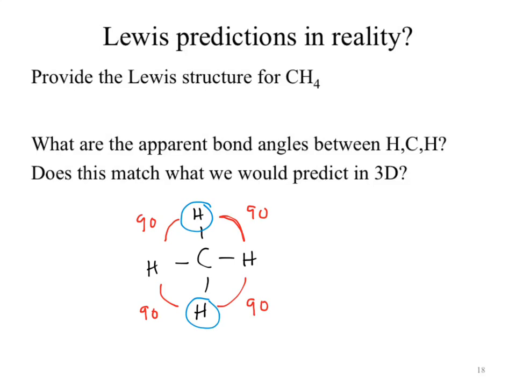Lewis structures do a great job of explaining how atoms connect to each other. They do a horrible job of explaining where those atoms are relative to each other. So what we're saying is a shape. The shape that we've drawn for our Lewis structure is necessarily drawn in what plane, or how many dimensions? 2 dimensions. Is everything we do in 2 dimensions? No. Everything is 3-dimensional.